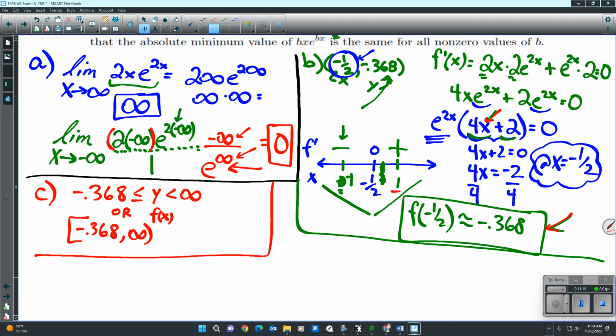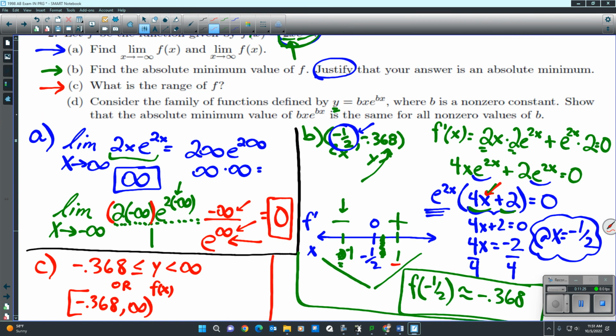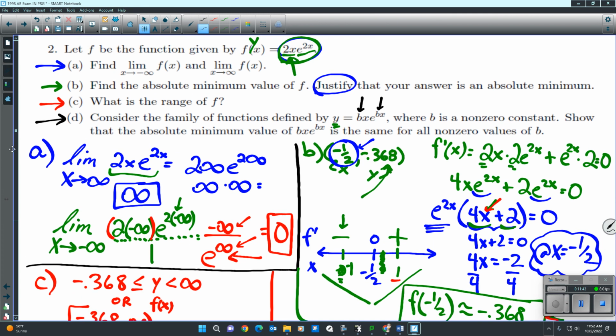All right. Last one. That was good to get a nice break there. I'm going to be honest with you. Let's go with the fourth color, black up there, D. Consider the family of functions y equals bx e to the bx, where b is a non-zero constant. So this is going to be a number. In the beginning, it was a 2, our b value.